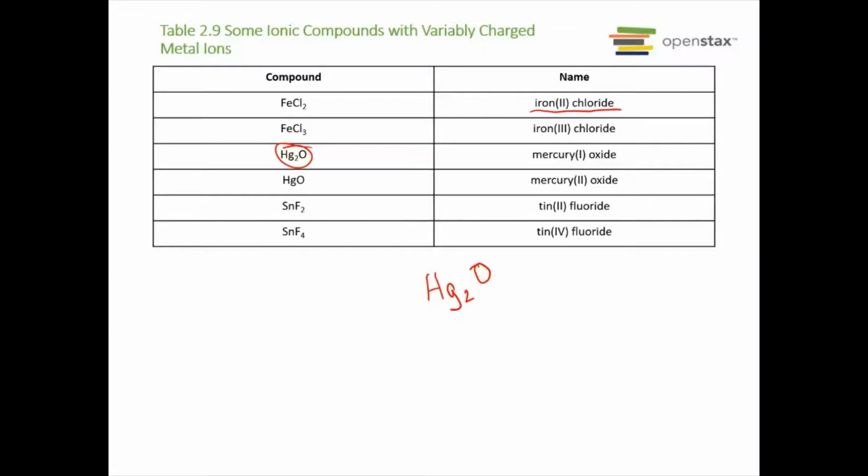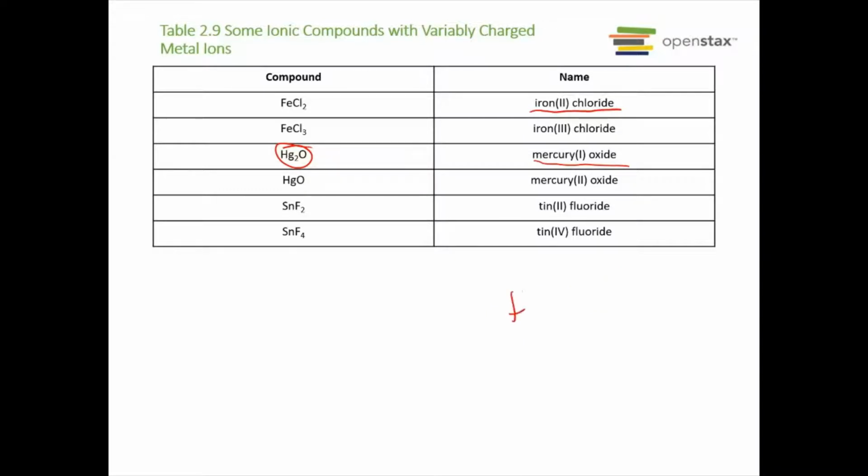Basically, we can do a reverse crisscross. Oxygen has that -2 charge, which means the mercury has to have a +1 charge. And then I have 2 mercuries, which means I have 2 +1s. So this is mercury(I) oxide. Mercury is weird, but that is how you do that one.